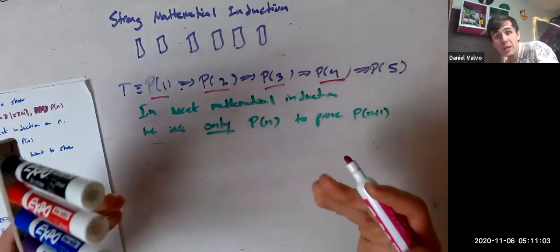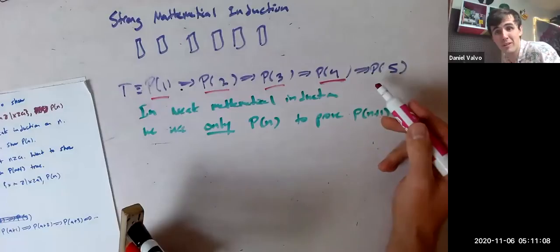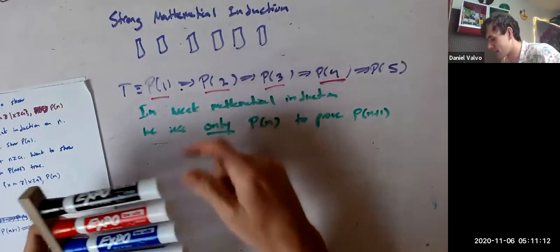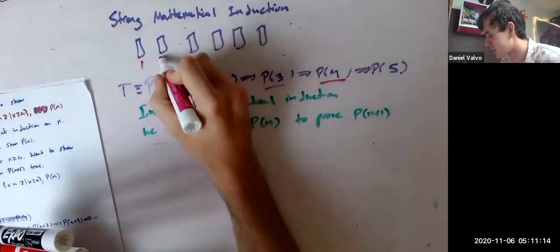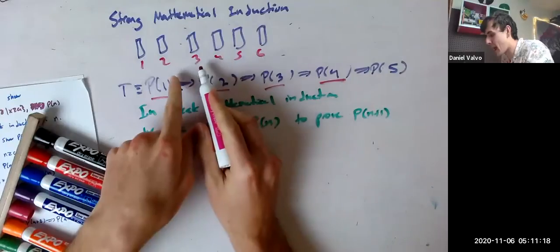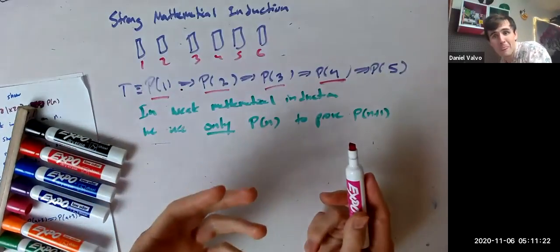So there's no reason not to necessarily use these to help us prove P of 5. For dominoes, it doesn't really matter, right? Because for dominoes, if this is the first, second, third, fourth, fifth, sixth, it doesn't really matter what happens to the first 3 dominoes. If the 4th one falls, the 5th will fall.